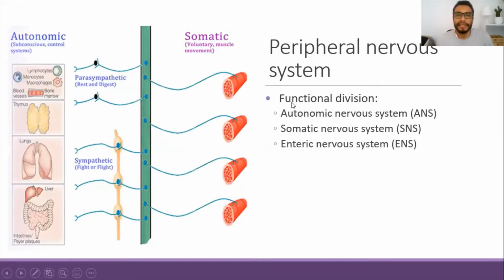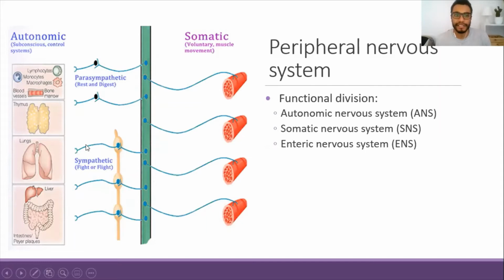This system is then divided according to the function. Okay, so this is the functional division. So we have the autonomic nervous system. The autonomic nervous system has both sympathetic and parasympathetic fibers, as you see here.